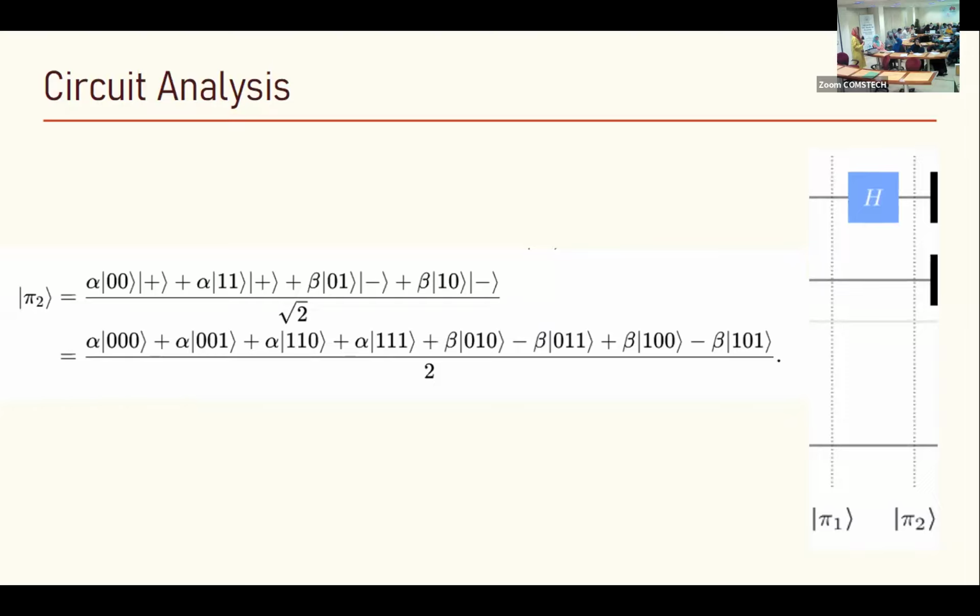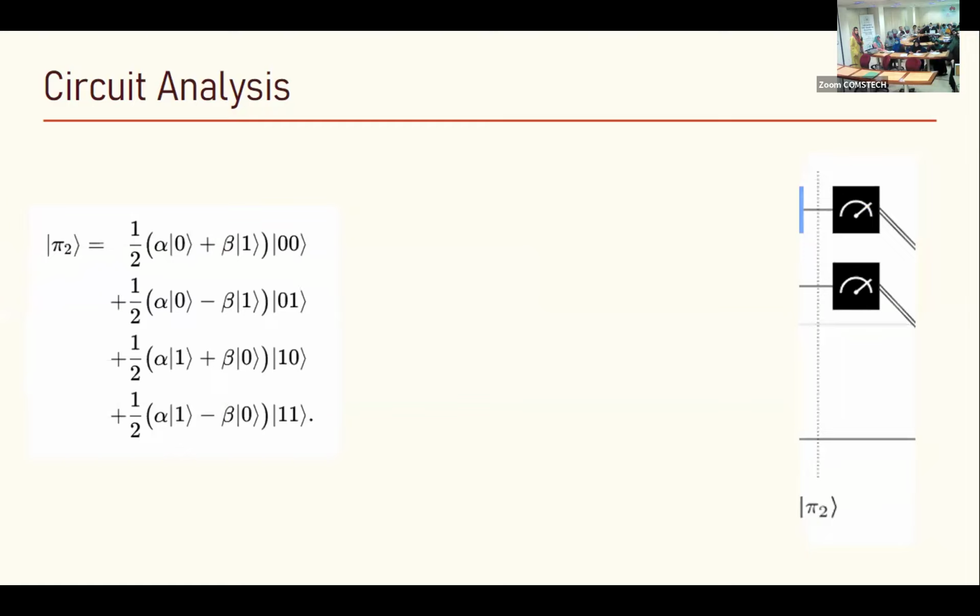Okay, now we're going to move to the next step. Now there's a difficult step, so I need you to focus. Now what we're going to do is measure, but what we're going to measure is the last two qubits. That means Q1 and Q0, right?